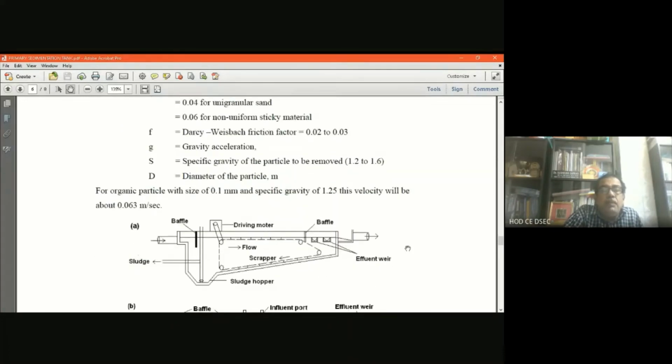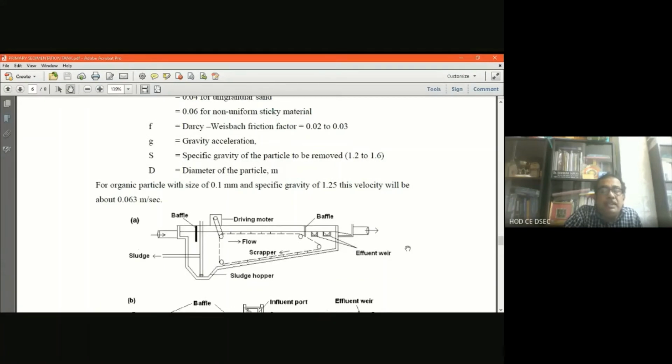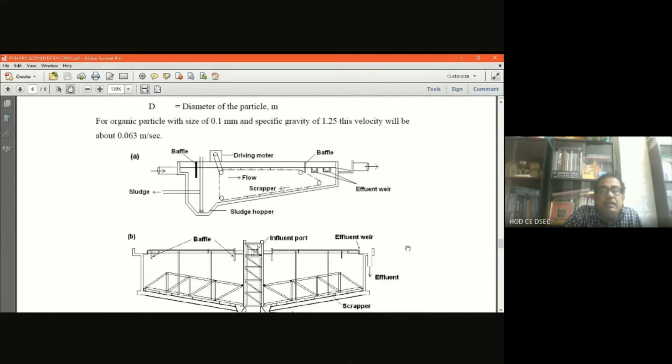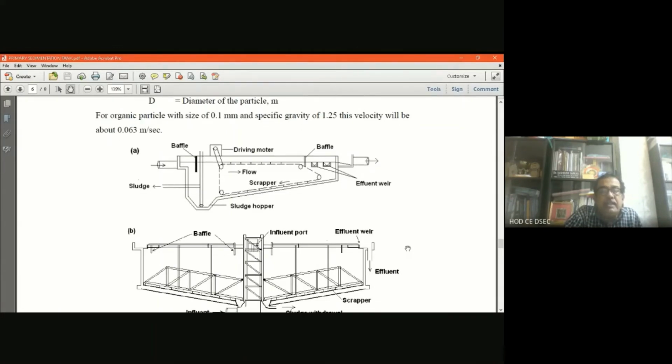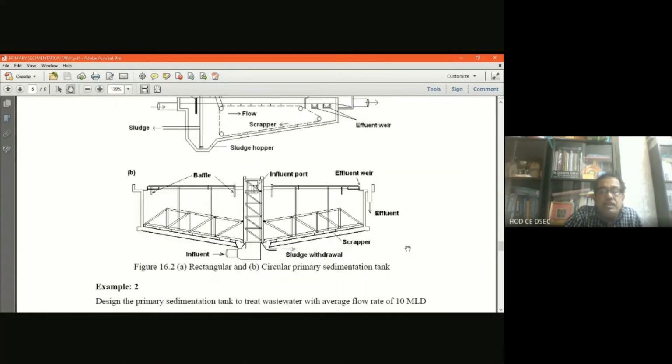Now, coming to the picture, the top is the rectangular tank cross section and the bottom is the circular tank cross section.